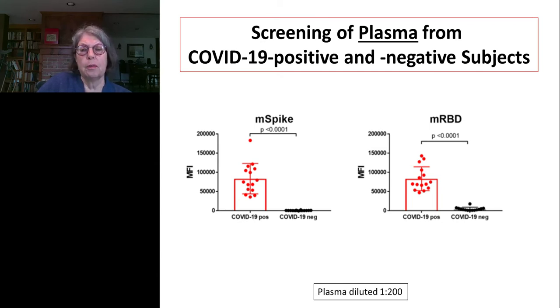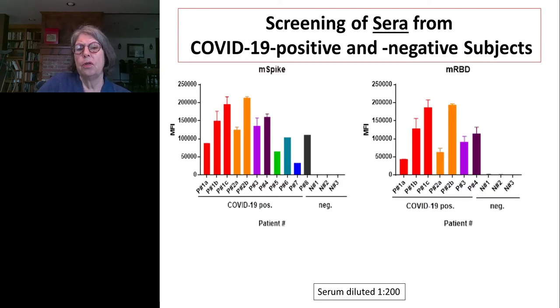This is an experiment that was done using plasma from volunteers. And in the next slide, I'm showing you the data with sera. So you can use both serum and plasma, and they give equivalent results. What I'm showing you in this slide, again on the left, is the reactivity of the sera to M spike, and on the right is the reactivity to RBD.